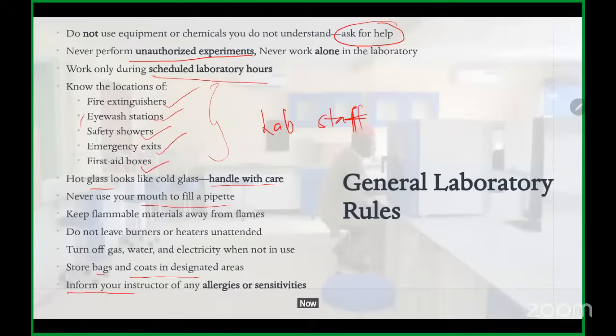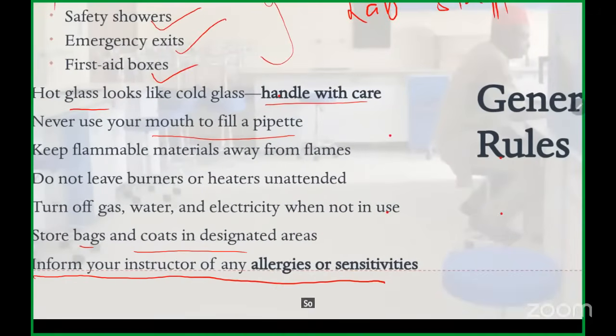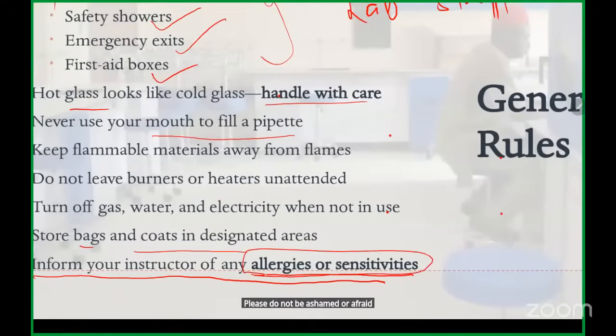Now, this last line is very important. Let me expand it. Some of us have sensitivities, some of us have allergies. It can be something related to breathing, asthma, and all that. Please do not be ashamed or afraid to tell the instructors. We don't want a situation where we will have to rush you to the hospital.